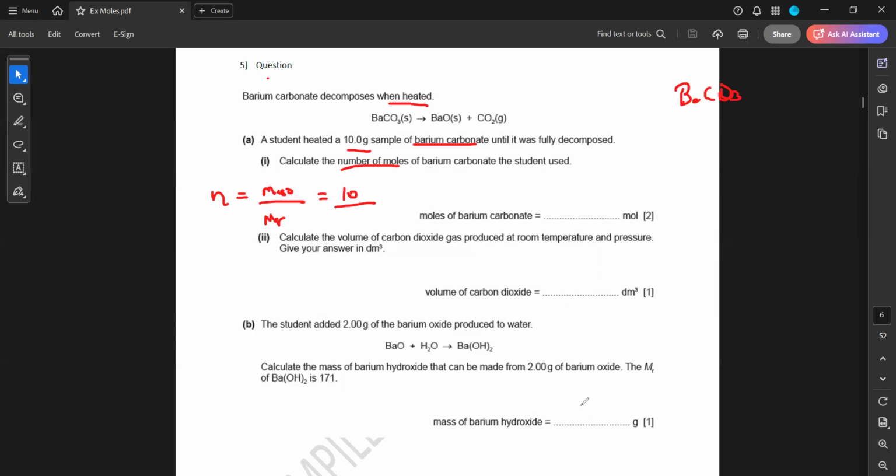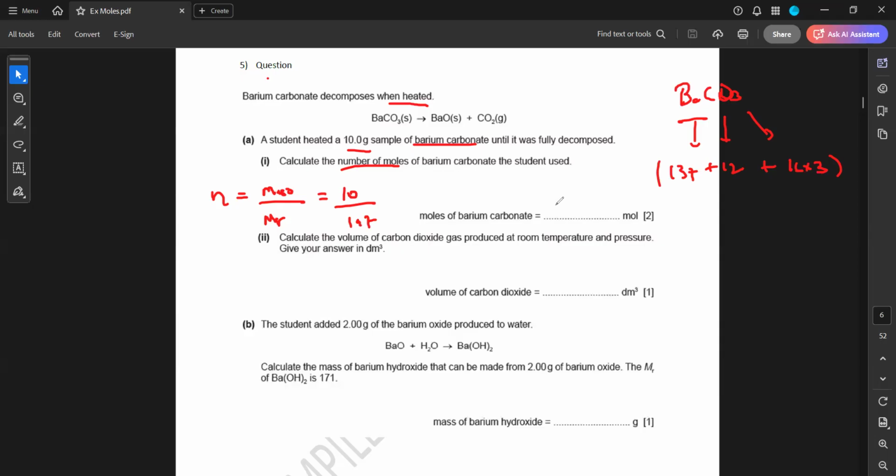The mass of barium, I think 137 is there, not 111. 137 is the mass of barium. Carbon is 12, and oxygen is 16 multiplied by 3, which makes 48. So 48 plus 12 makes 60, and 60 plus 137 makes 197.